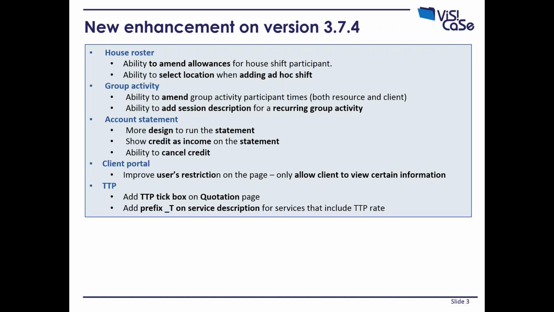And account statements, we redesigned to have a better appearance when printing and the overall appearance of it. You can now cancel credits when they were previously added. The client portal has had an improvement on what the client can see and the overall look of it, and TTP in general has become more user-friendly.